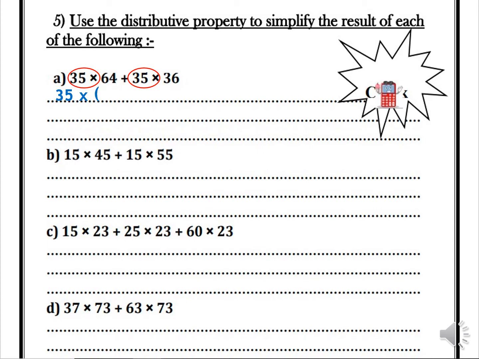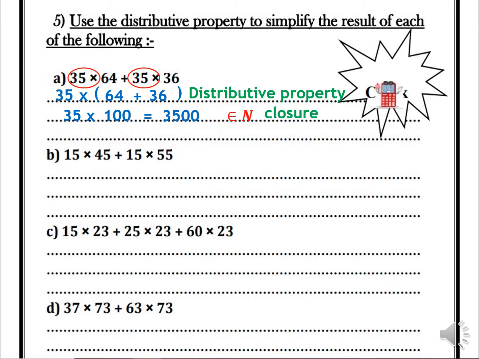Then I will open the bracket and write what's left. Here, 64 plus 36. This is the distributive property. Then I will write 35 times, and solve what's inside the brackets with the calculator. It will be 100, so 35 times 100 equals 3,500. Belongs to N closure.